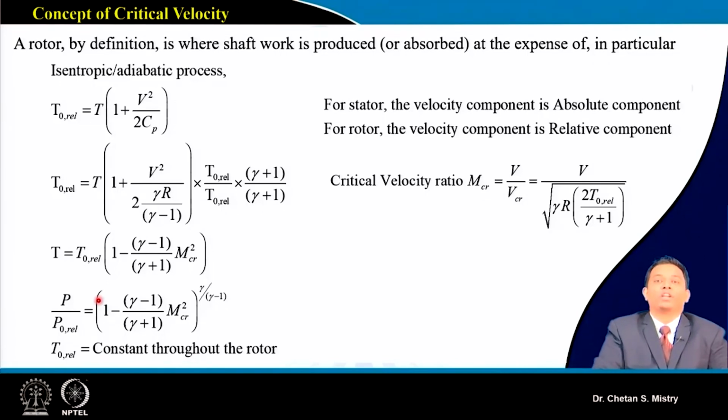The question you need to ask is, do I know my flow parameters? Do I know my pressure? Do I have details about the temperature? Do I have details about the velocity? Based on the blades which are available, you can calculate what all my flow angles are.